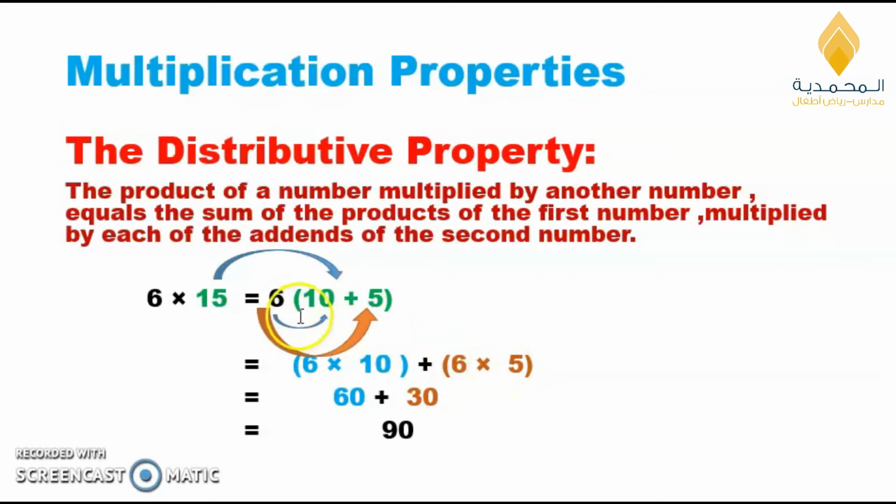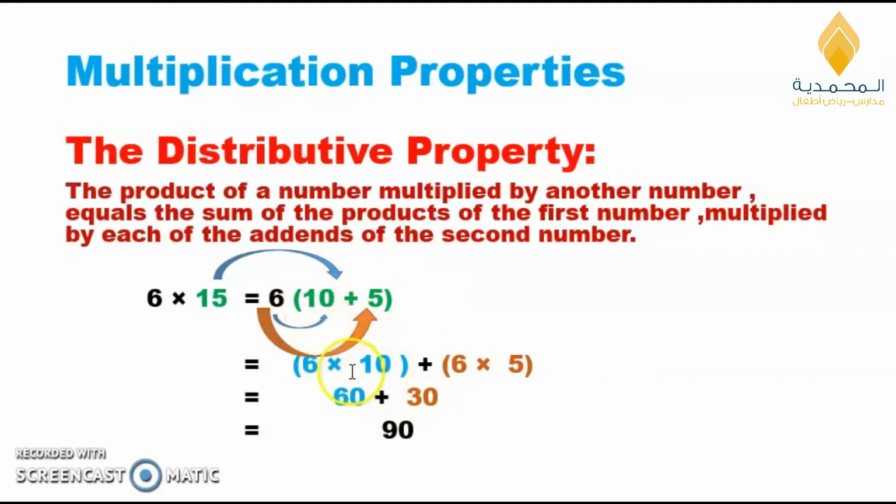I'm going to do it again: 6 times 10, 6 times 5, and put a plus sign between them, like when we enter the 6 into this bracket.